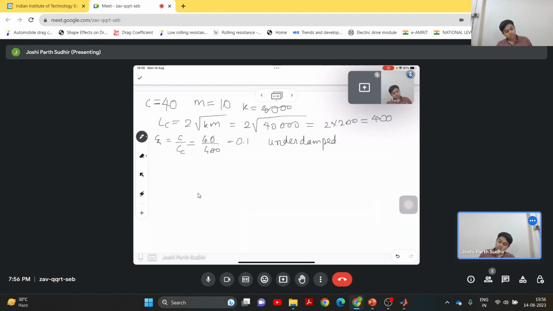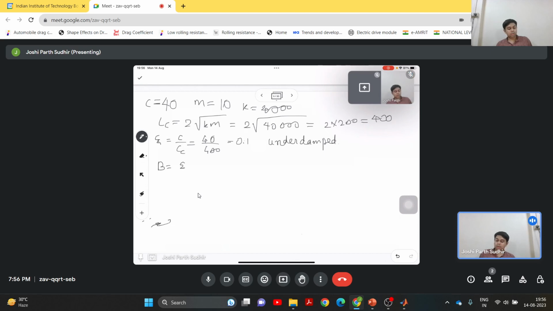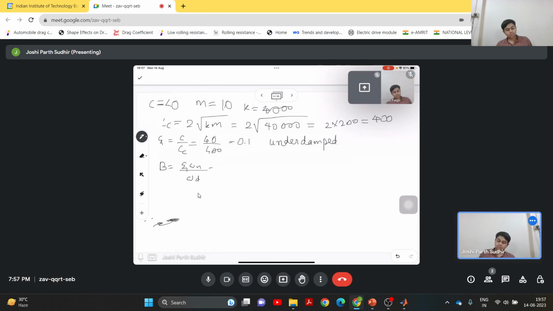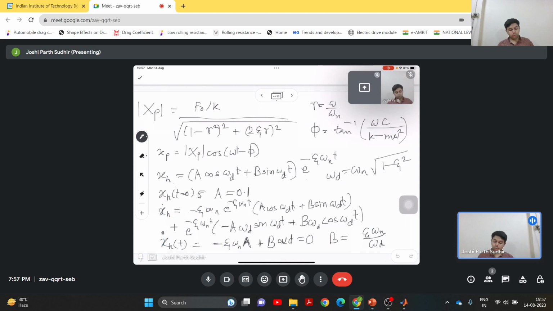As we know, A is already calculated as 0.1, and now we need to calculate B. So B is zeta omega n A by omega d, which is zeta omega n upon omega n into root of 1 minus zeta square, which is zeta upon root of 1 minus zeta square into A. So this is the value of B. We can substitute the value of zeta and find out the value of this expression, and thereby we can calculate the solution to the homogeneous differential equation.